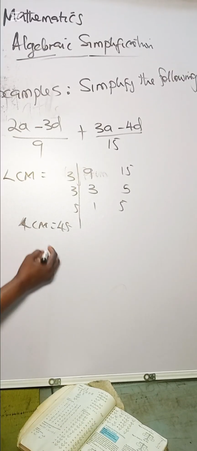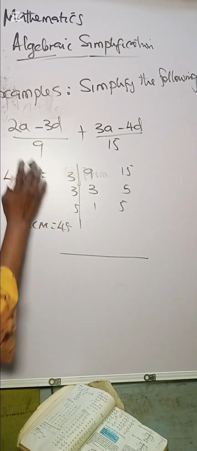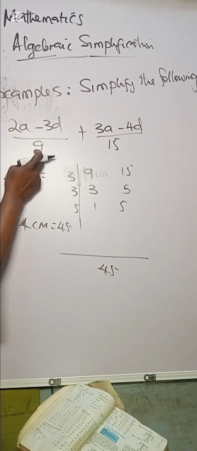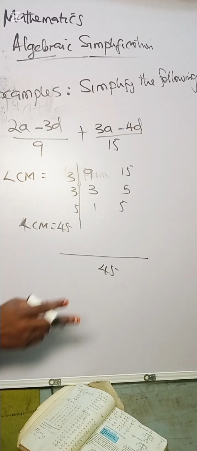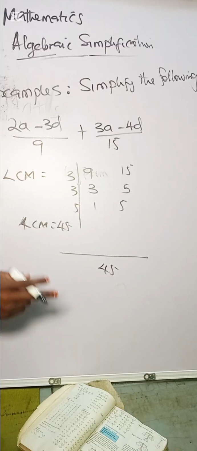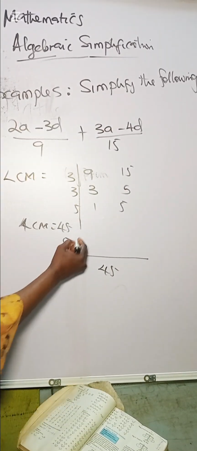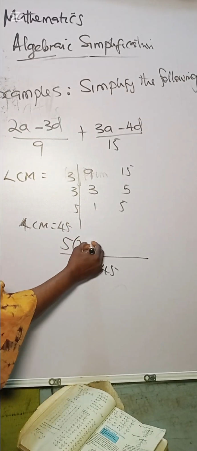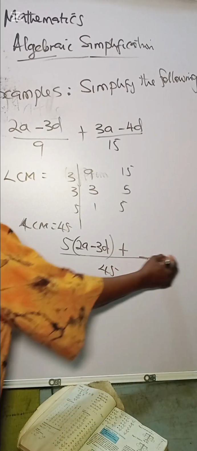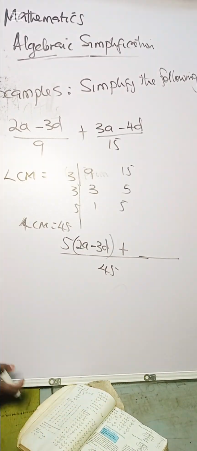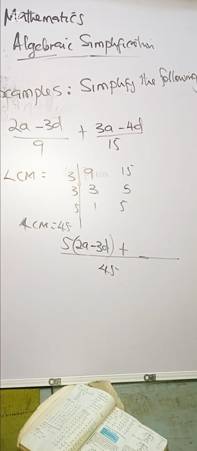So we'll now say that we have two ways of doing it. Since the LCM is 45, 45 divided by 9 will give us 5, because 5 times 9 is 45. Is that clear? So that 5 will now multiply the numerator of 9, 2a minus 3d, plus, okay, 45 divided by 15 will give us what?